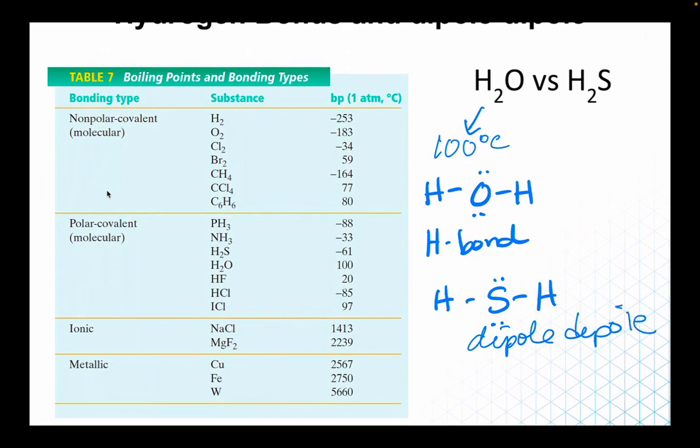And then if we look at them, the H2S has a boiling point of negative 61 Celsius. So over 160 degree difference. So the water doesn't boil at that low temperature like the H2S does because the IMFs between the water molecules are much stronger because it has hydrogen bonding.